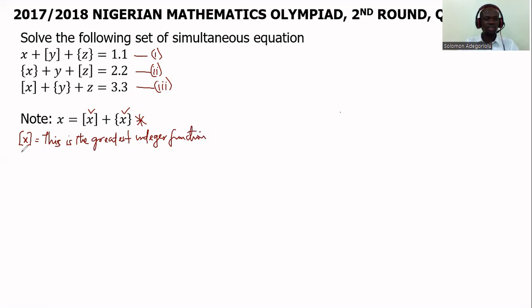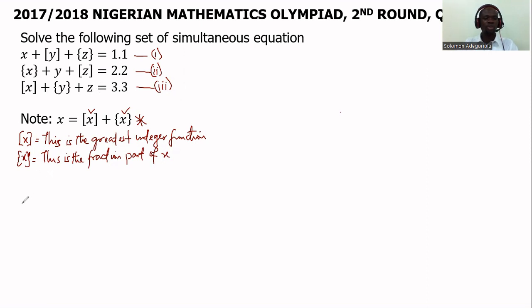And for this, it is the fraction part of x. So this is the first thing we need to do. Let's define the unknown. Knowing this is going to help us in solving the simultaneous equations.